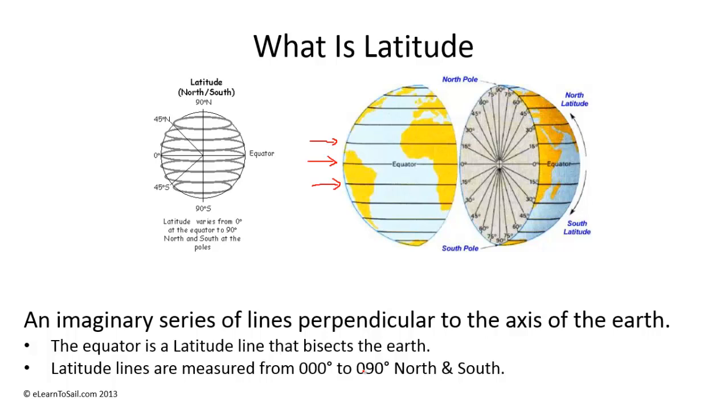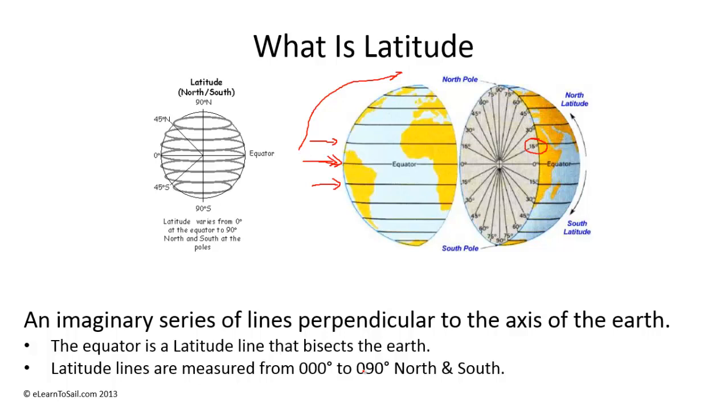Which line of latitude? Well, if we look at it from the equator to the North Pole, it is 90 degrees. So if we go 1, 2, 3, 4, 5, and 6 would be the North Pole. We divide 90 by 6, and each one of these would be equal to 15 degrees, and you can see it right here.